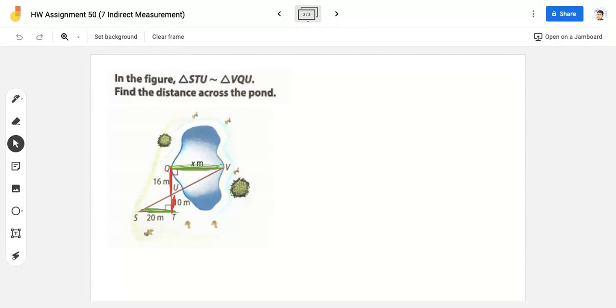My ratio that I'm going to set up is big triangle to small triangle. Let's go with that missing side first. So x, and what side corresponds to x on the small triangle? 20 is going to be equal to 16 over, on my small triangle, 10.